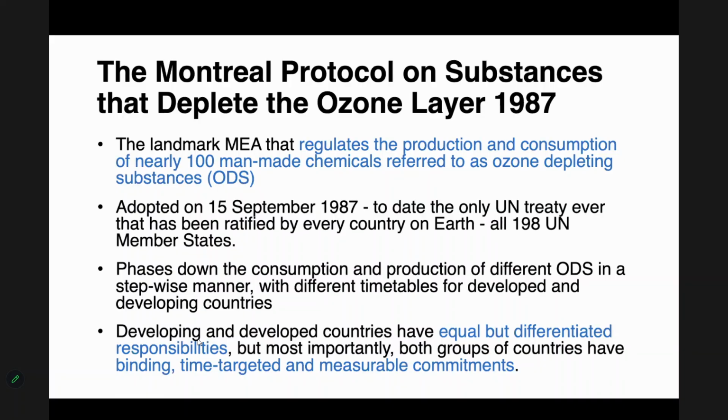So say when the scientists discovered back in the 80s high levels of ozone depletion, immediate action was taken. That action was this Montreal Protocol on substances that deplete the ozone layer, taken back in 1987.